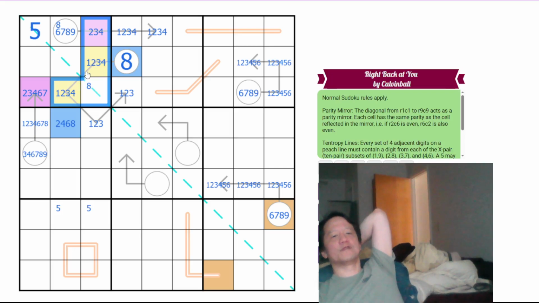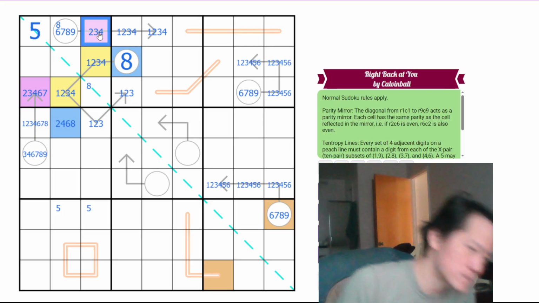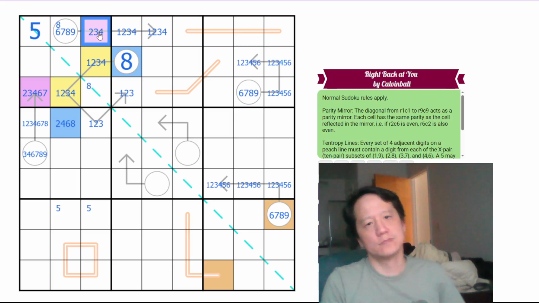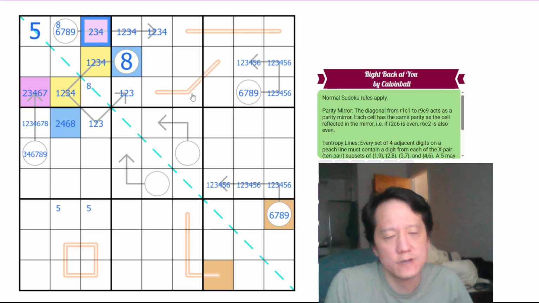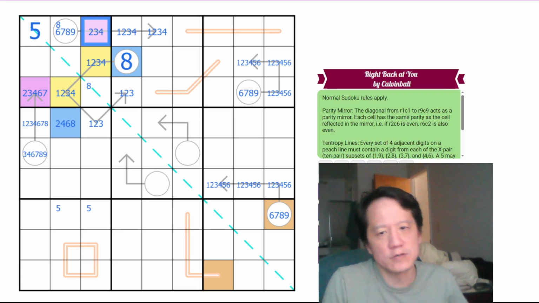Whereas if this is 1, 3, this could very well be also 1, 3 here. This would have to be 2 or 4.